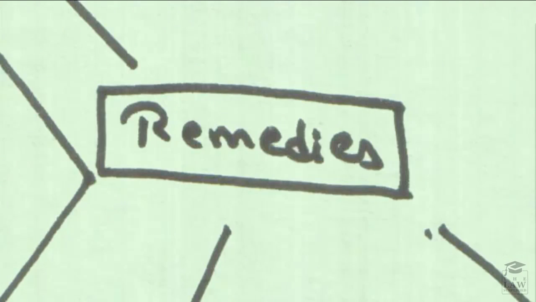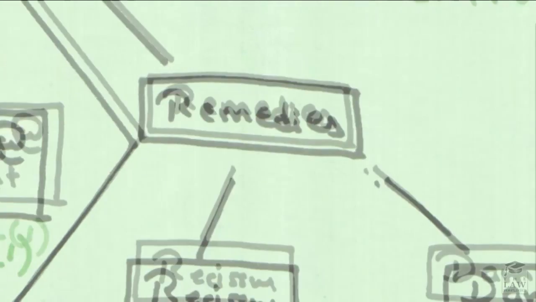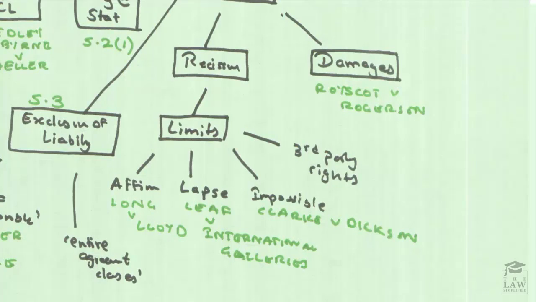There are several remedies that are afforded to an aggrieved party, including rescission and damages. Have a look at the cases Long and Lloyd, Leaf and International Galleries, Clark and Dixon, as well as Roy Scott and Rogerson, the latter being in relation to damages.